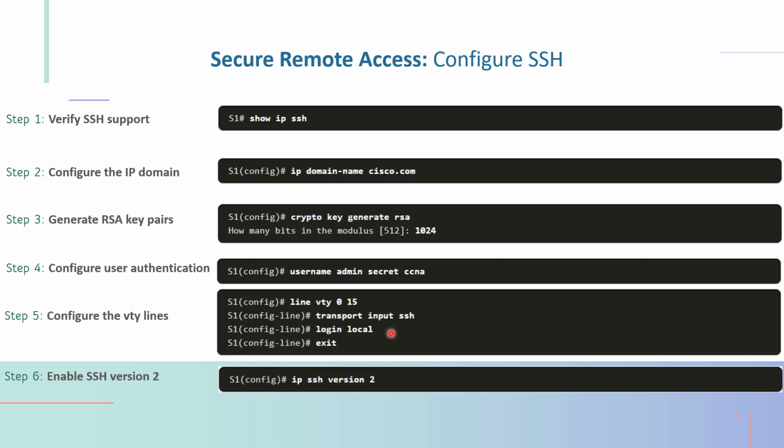As I mentioned before, by default Secure Shell supports both version 1 and 2, and when supporting both versions, this is shown in the show ip ssh output as supporting version 1.99. In case you need to enable Secure Shell version 2, we use the command ip ssh version 2 in global configuration mode.